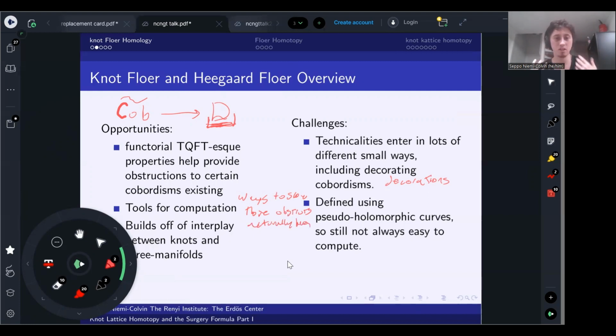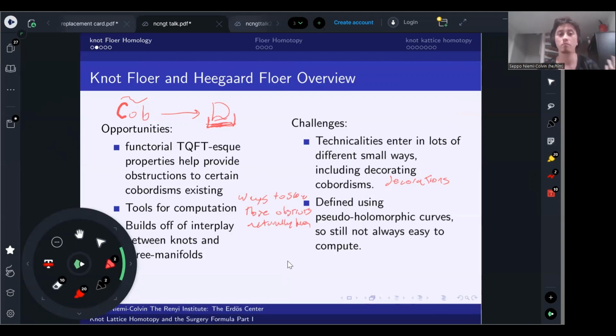And in particular, if we had a way to obstruct morphisms between objects here, but we couldn't compute what objects we were actually getting, we would have no way of knowing if those objects were hit by this functor, or if we were interested in a particular knot or a particular three-manifold, do those obstructions apply?